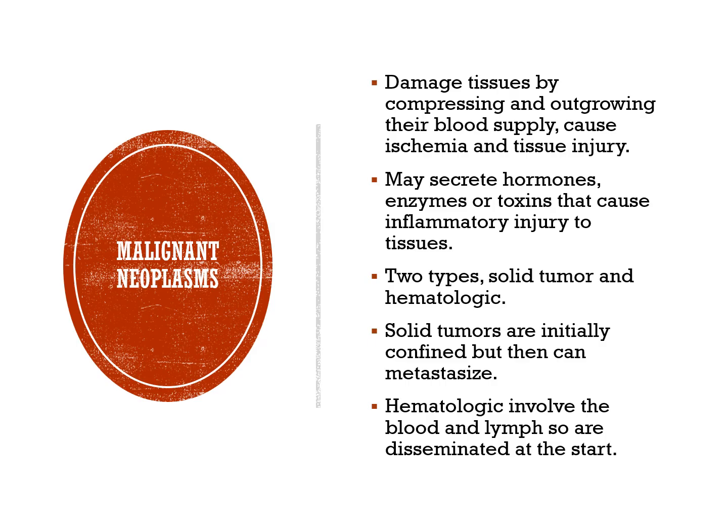We have solid tumors, or we have hematologic malignant neoplasms of the blood or lymph. Solid tumors are initially usually confined, but then typically metastasize. Different types of cancers have different rates of metastasis. Some take a while to metastasize and don't spread very easily depending on their site of origin.